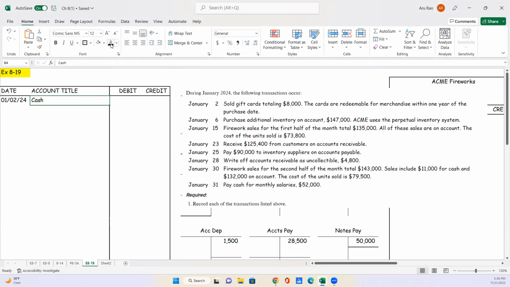The people who have the gift card can come back later on and they will purchase merchandise. And when they purchase my inventory, they will not pay cash, they'll present the gift card. So until such time, these are unearned revenues. Until the customer redeems the gift card, redeems meaning uses the gift card, it's a liability in my books. It's going to be a current liability because it's within the next 1 year that they're going to come and cash in on the gift cards.